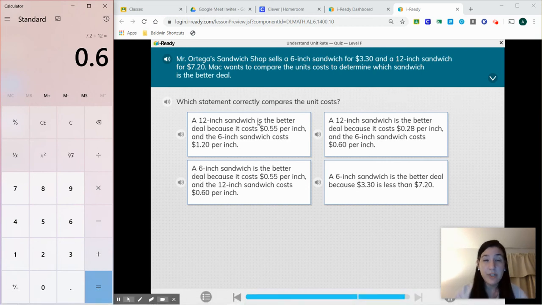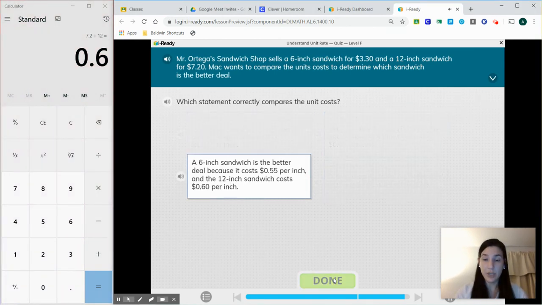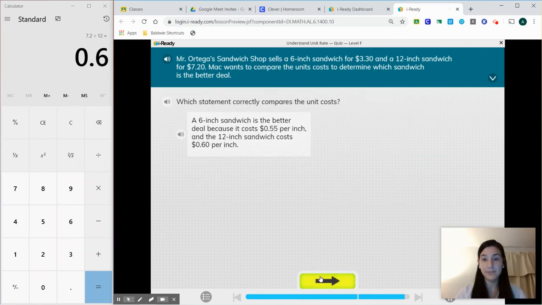A 12-inch sandwich is the better deal because it costs 55 per inch, and the 6-inch sandwich costs $1.20 per inch. Not true. Let's go down. A 6-inch sandwich is the better deal because it costs 55 cents per inch, and the 12-inch sandwich costs 60 cents per inch. There we go. That is good. And we should be done.